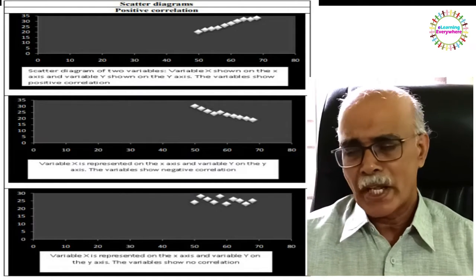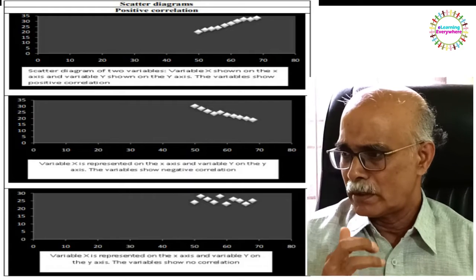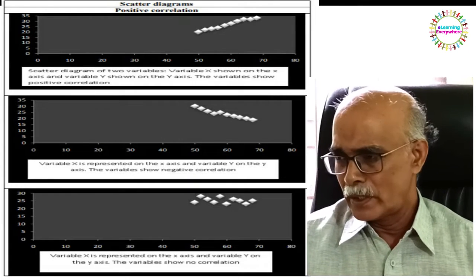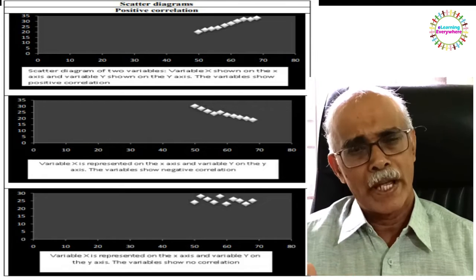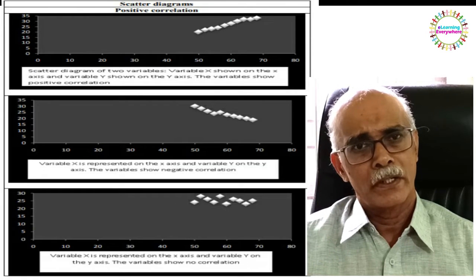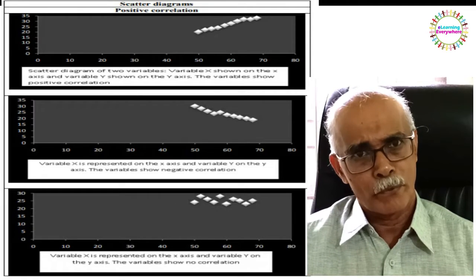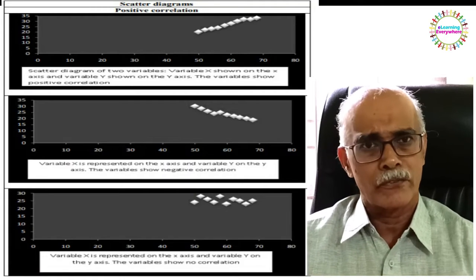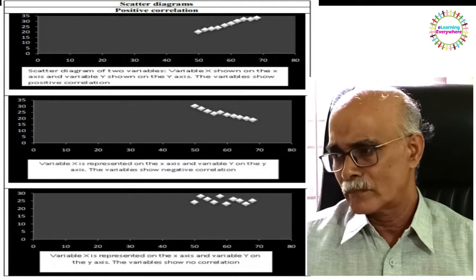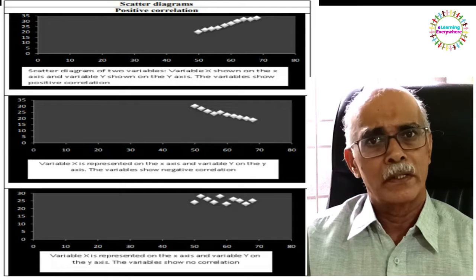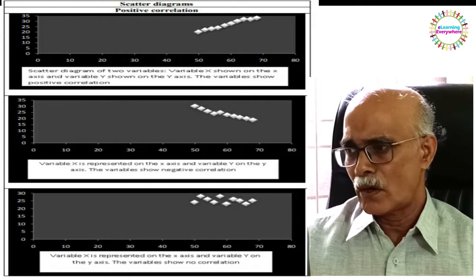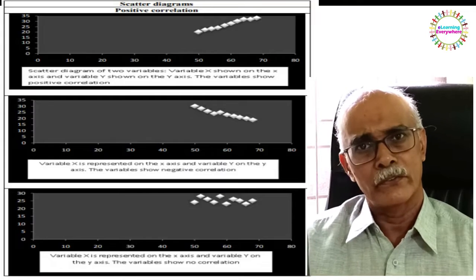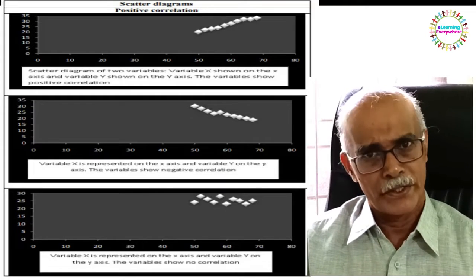In the case of a scatter diagram representing negative correlation, the diagram will be in the opposite direction. It will start from the top left and go to the bottom right.